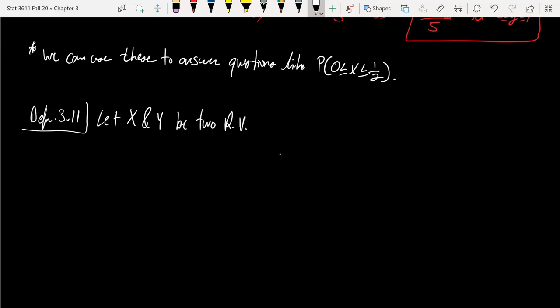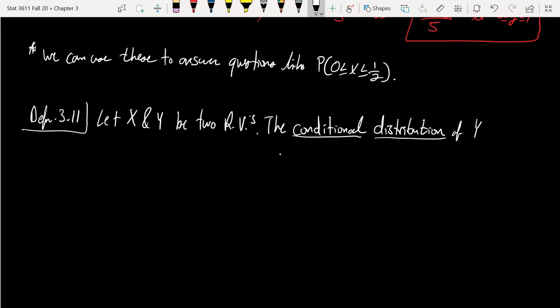The conditional distribution of Y given capital X takes on some value, little x, is notated as follows.